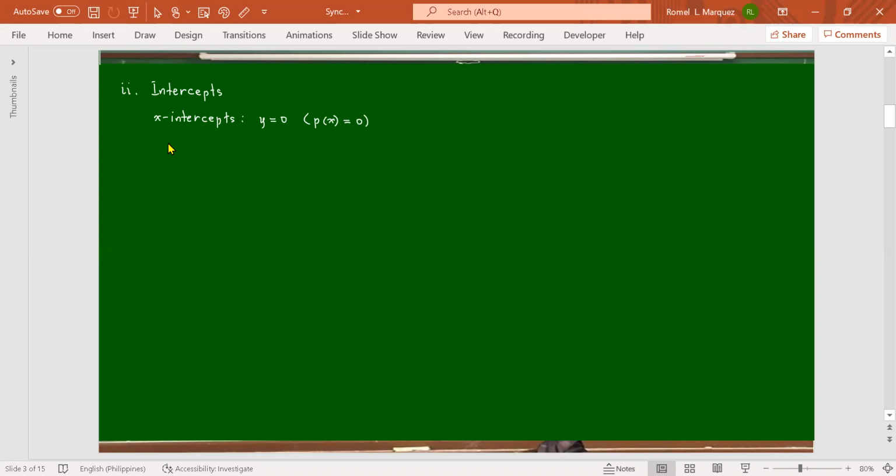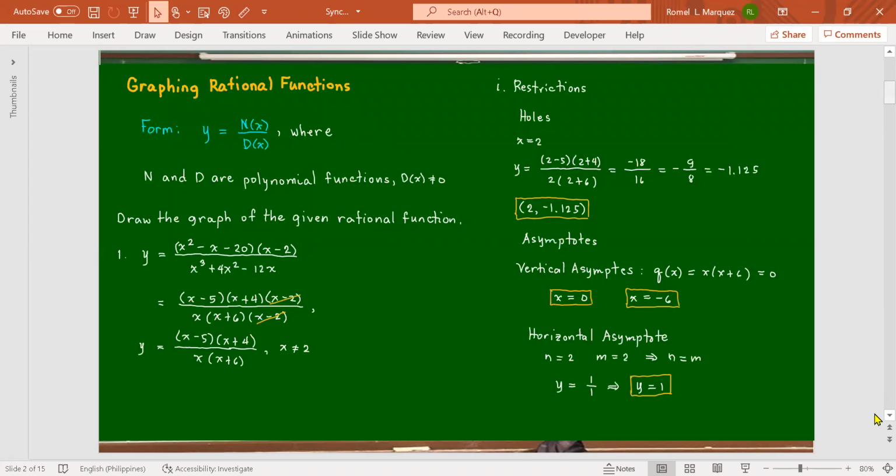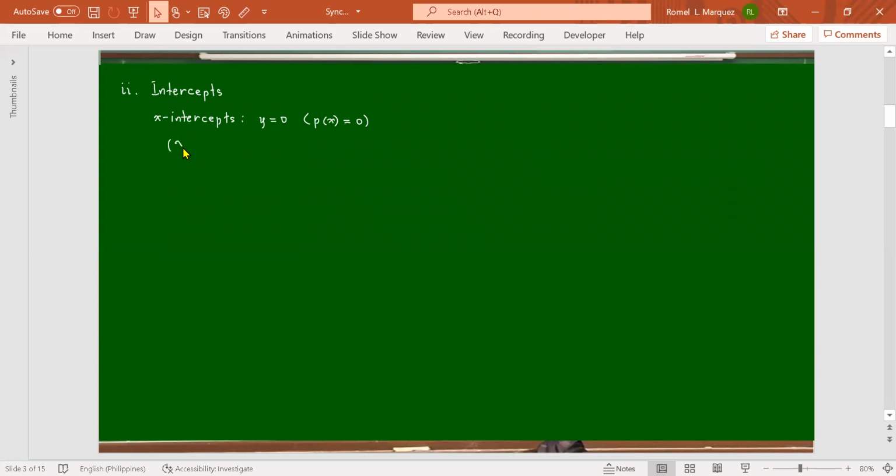So what is the numerator? x minus 5, x plus 4. Just the numerator, equal to 0. So what is now x? x is equal to positive 5, negative 4. Am I correct, guys?